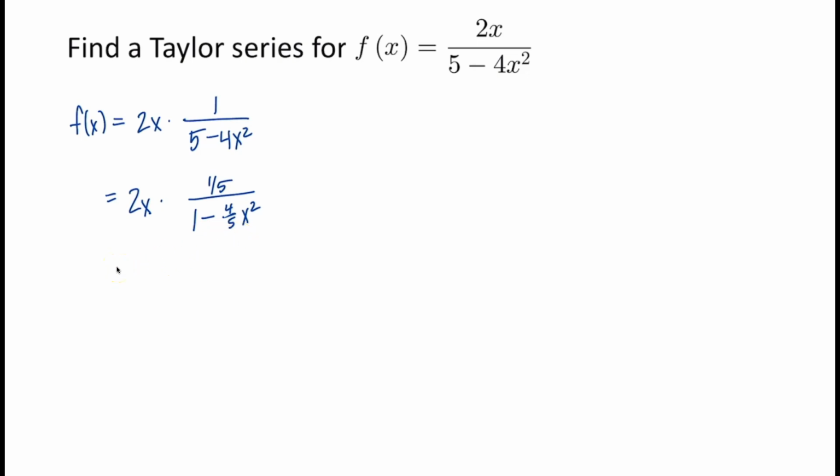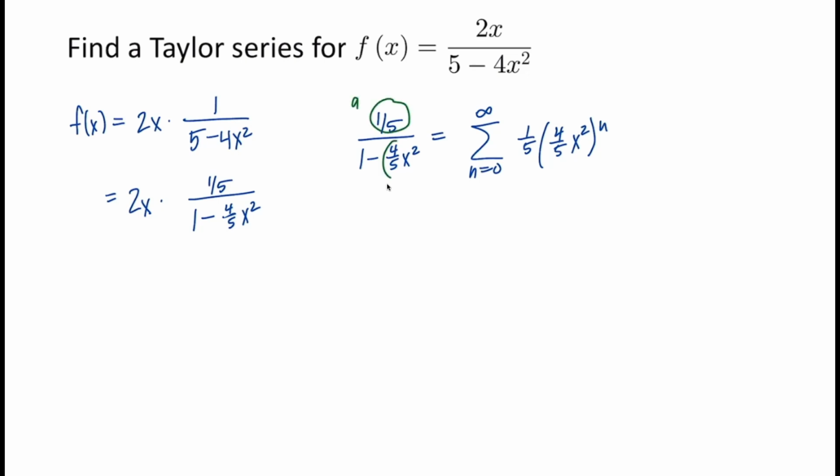So we can say that 1/5 over 1 minus 4/5 x squared is equal to the sum of n equals 0 to infinity of my first term, 1/5, and then my value of r is 4/5 x squared, to the n. Again, this value here is a, and this value here is r, so we're building our geometric series a r to the n.